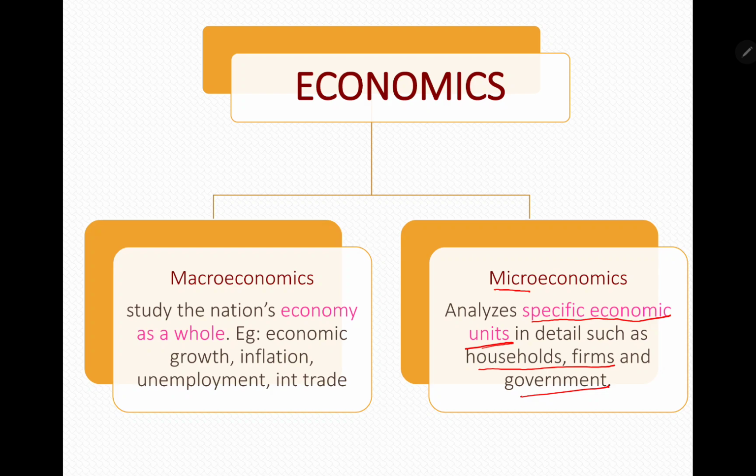It focuses on the individual units in the economy, consisting of households, firms and government. While macroeconomics, macro means big. So it will focus on a bigger picture. It will focus on the economy as a whole.